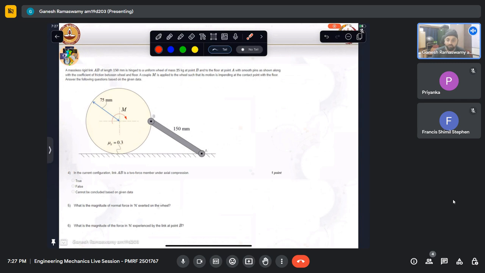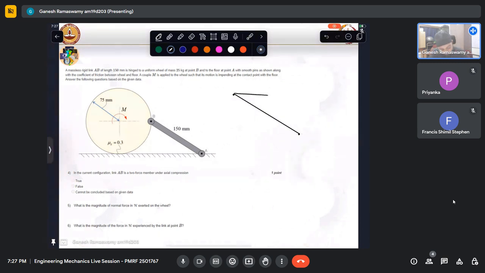Now in kinetics also, we saw that when we have a link which is only applied with forces at the ends, then this link can at best only carry an axial force. And we saw one proof for that.